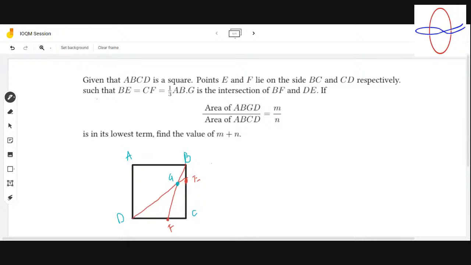That's a very interesting aspect to this. DF is to FC is 2 to 1. This is an interesting observation. It's a very easy observation, but an interesting one to help us. So it's a 2:1 ratio. Perfect. So how do you use it to find the area?